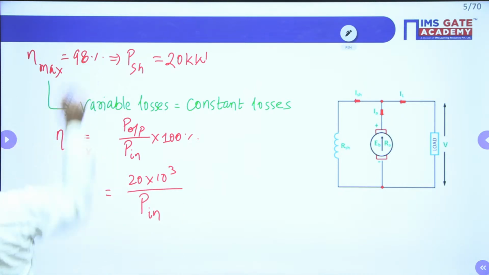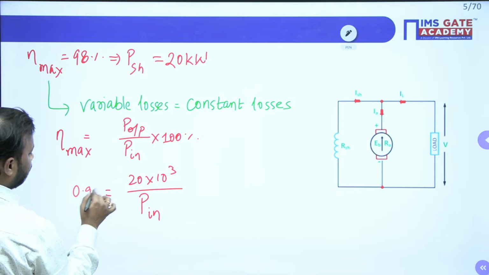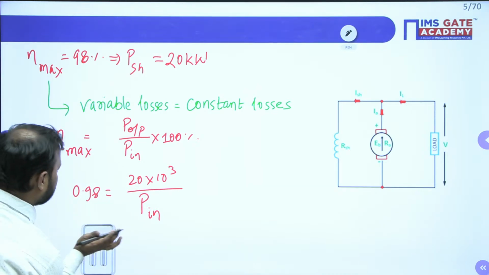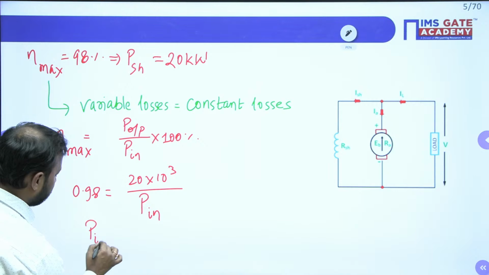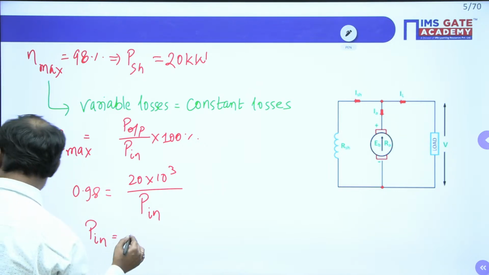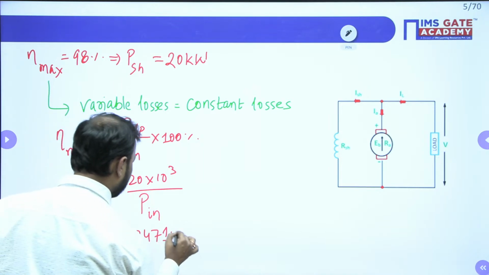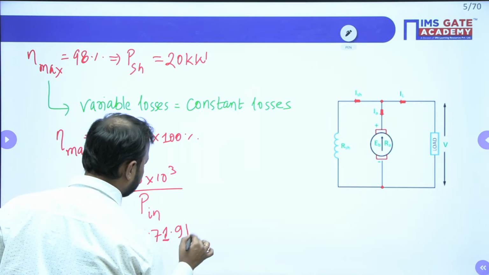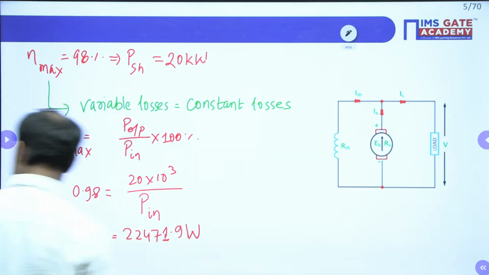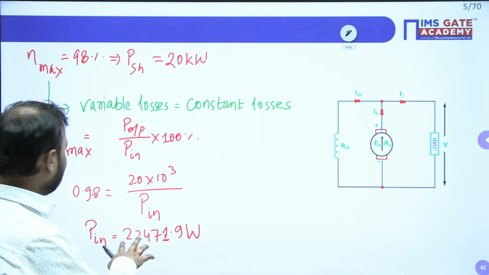And efficiency is 98, so this will be 0.98. Once you solve this, you will get P input as 22471.9 watt. All right, so this data we got.